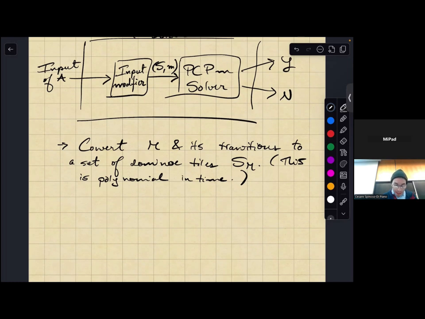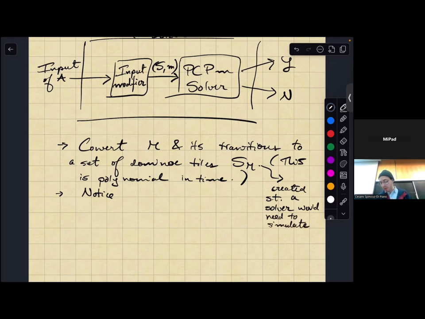Then what I'll notice is that S_M is created such that a solver would need to simulate the computation of the Turing machine on its input.